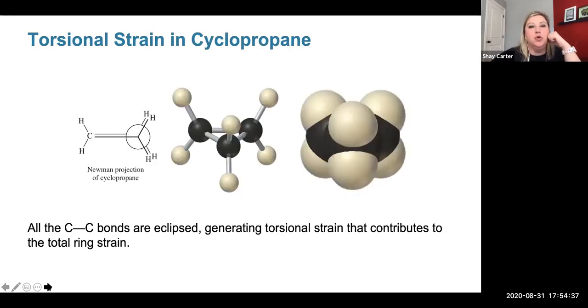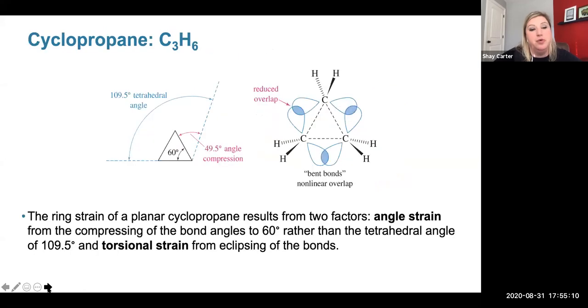Okay, so torsional strain in cyclopropane. When we have a small 3-carbon ring, we have a lot of torsional strain. I shouldn't have taken apart my cyclopropane. We have a lot of torsional strain because all of the carbons are in one plane, and all of those carbon bonds are eclipsed, and this generates a lot of torsional strain. It contributes to the total ring strain.